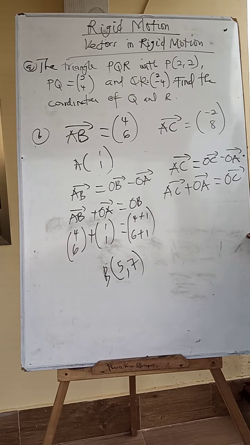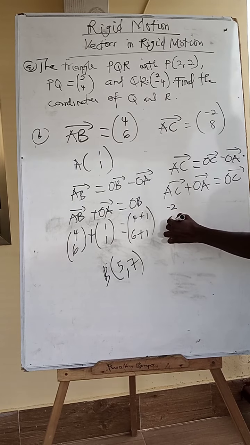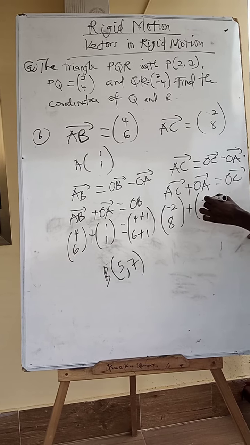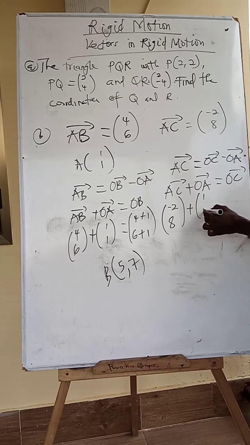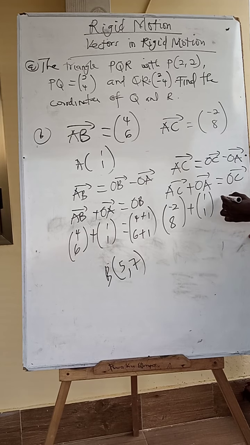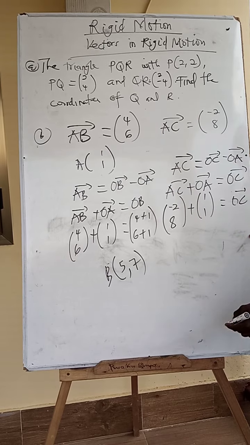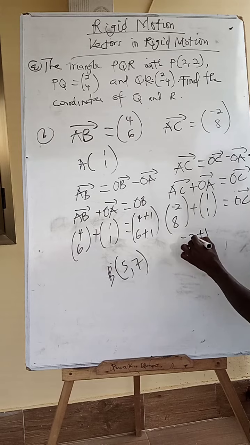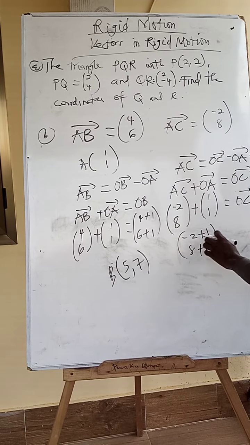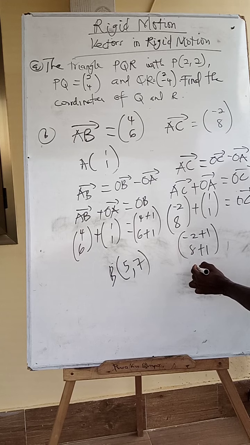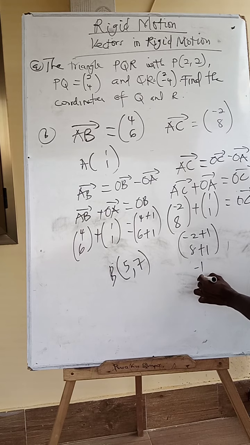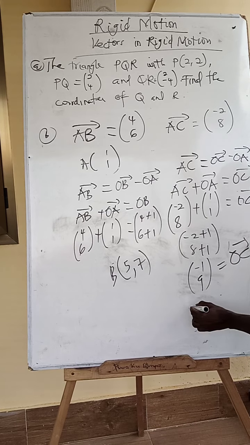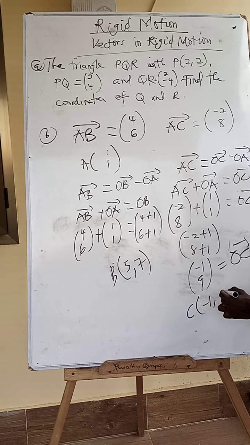AC equals -2, 8. OA is simply A, 1, 1. That will give us OC, the coordinate of C. So -2 plus 1, 8 plus 1. Here, -2 plus 1 is -1, 8 plus 1 is 9. So we can say that our C is -1 and 9.